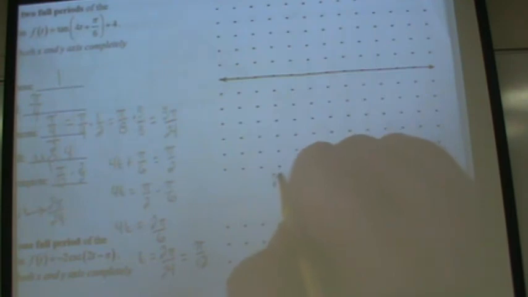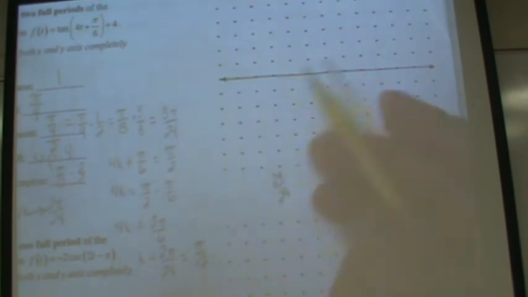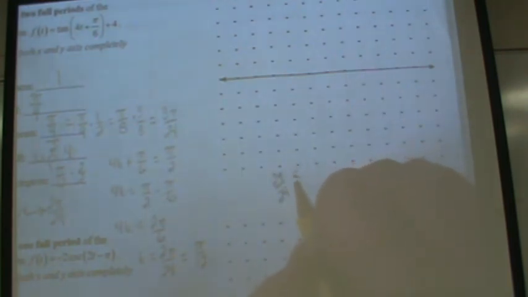So we have 2 pi over 24. And remember, our increments changed. We're counting by 3s now. So we're going to have 5 pi over 24, 8 pi over 24, 11 pi over 24, and 14 pi over 24.